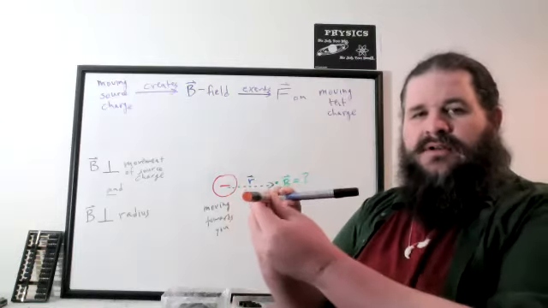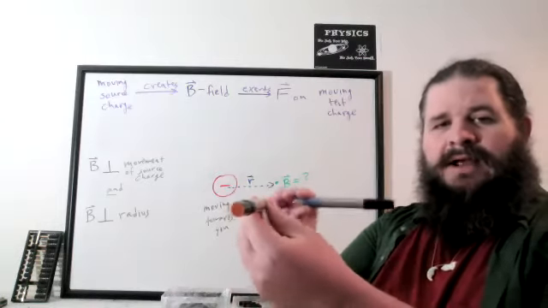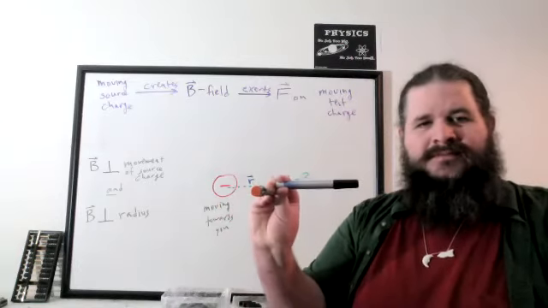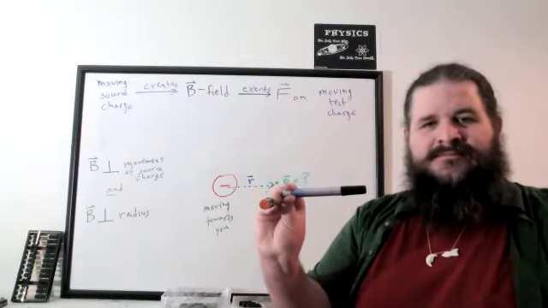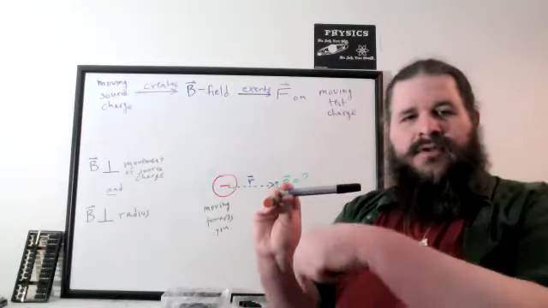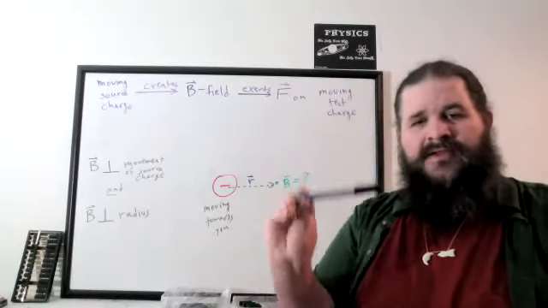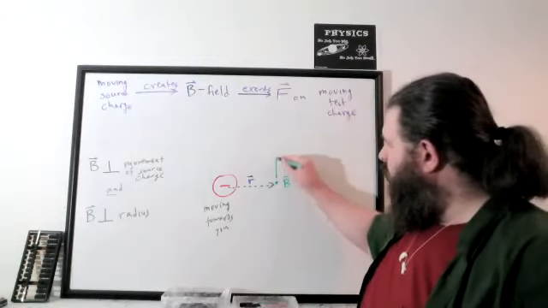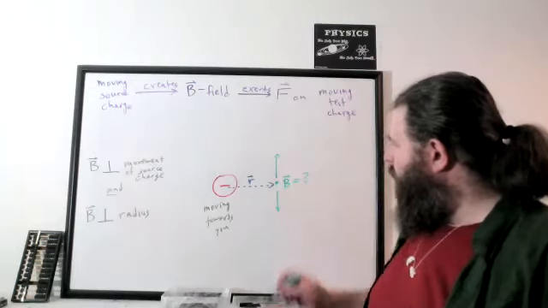If you got motion towards you and radius to the right, what directions are perpendicular to both of those? Yeah, up and down are the only possible directions perpendicular to both of these. So we know that the magnetic field at this location has to be either straight up or straight down.